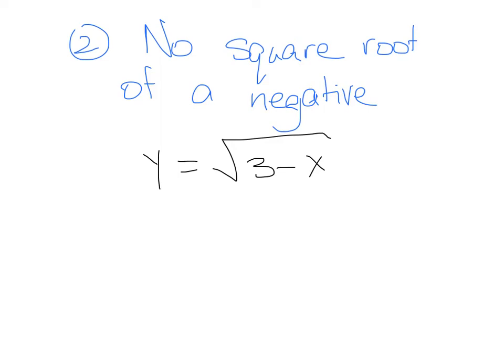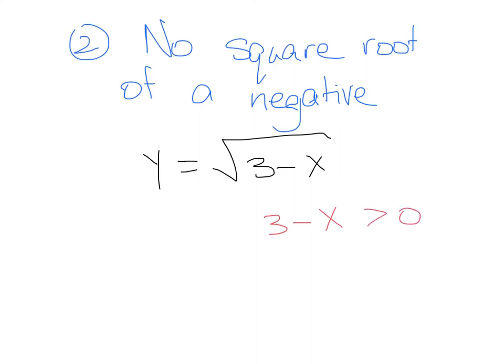So, because we are not allowed to have a negative square root here, let's write this down and solve it, like the great mathematicians that we are. 3 minus x has to be positive, right? We agree? Okay, so how do we write positive? Greater than 0. Cool.